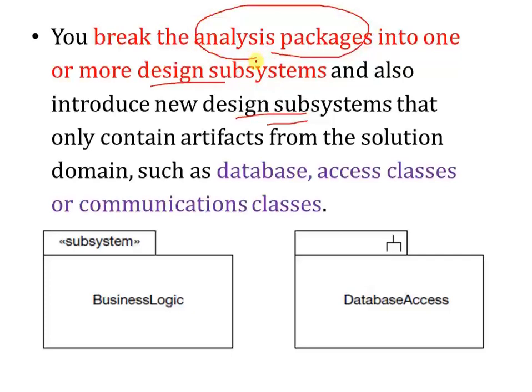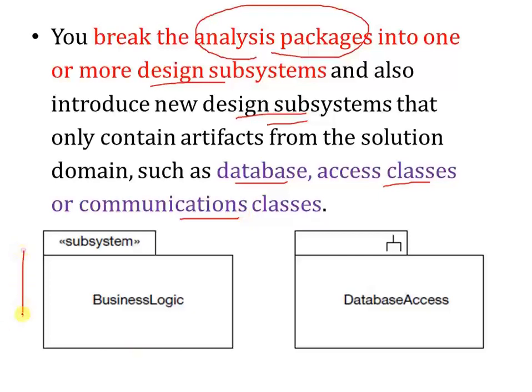During conversion, if you feel some other design components can be introduced to make it fruitful, you can do that also. That is, you can include design subsystems also. For example, if you wish to add database access classes or communication classes, etc. Such classes can be formulated as a separate subsystem.